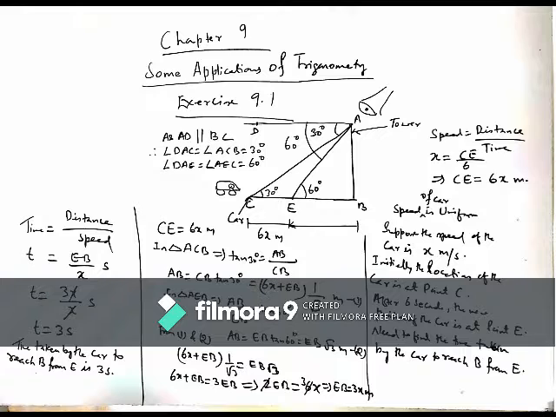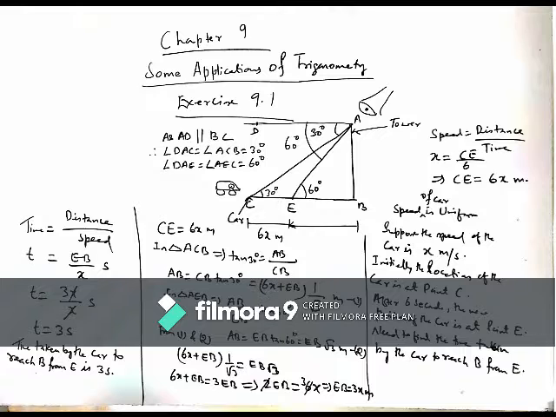Opposite here is AB, adjacent here is CB. So tan 30 degrees is equal to AB by CB, where AB can be written as CB tan 30 degrees, and CB we can write as CE plus EB, and CE is already 6x. So (6x plus EB) and tan 30 degrees is equal to 1 by root 3, which we are aware of. So AB is (6x plus EB) into 1 by root 3 meter.